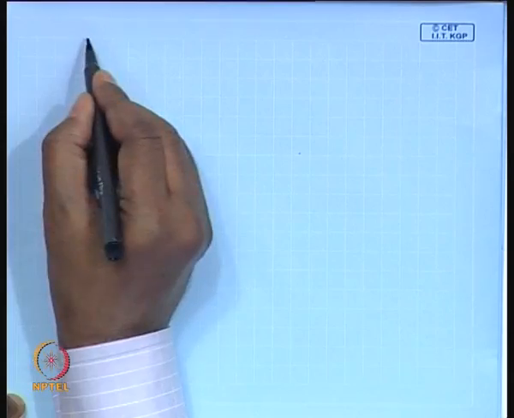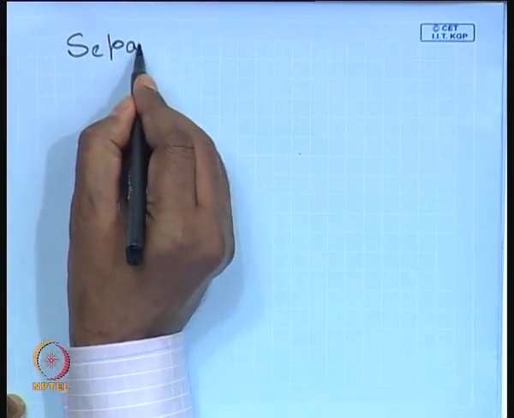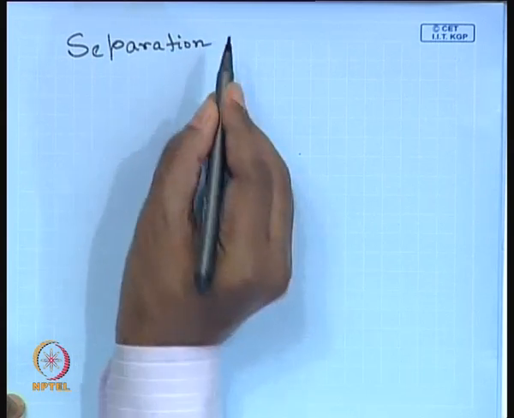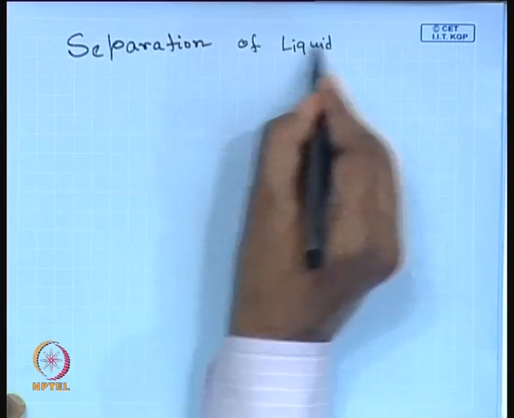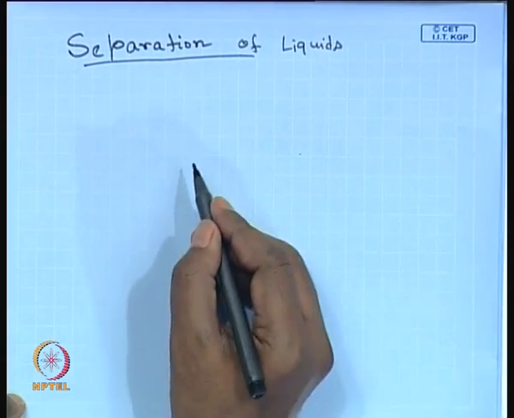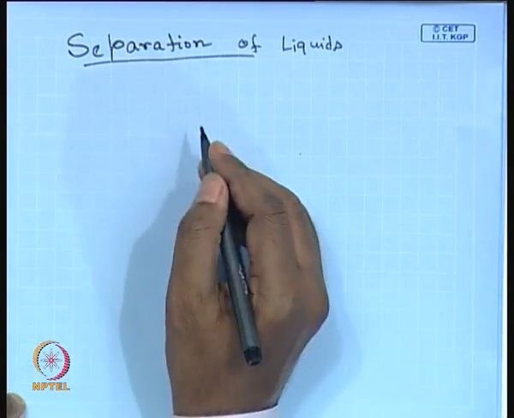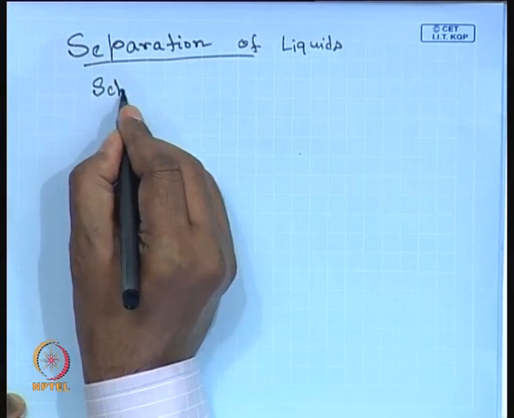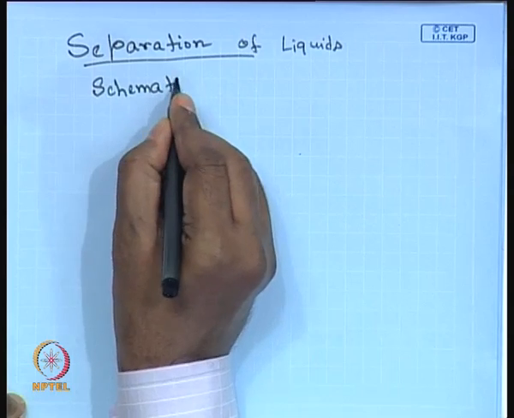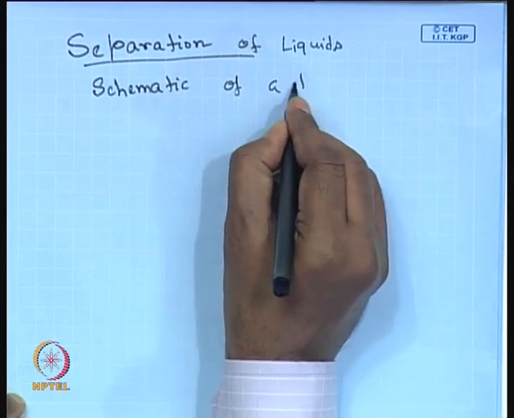Now, next we move on to the separation of liquids. Till now, we have talked about the separation of a slurry, that means a solid liquid system. Now, let us move on to the separation of liquids, that means we have two liquid streams of different density. Let us draw a schematic of a tubular centrifuge.